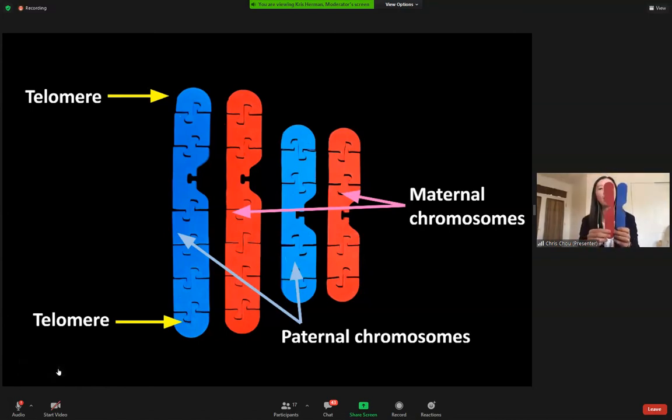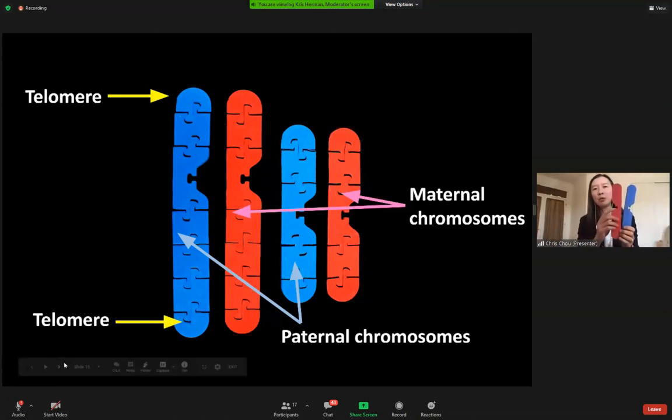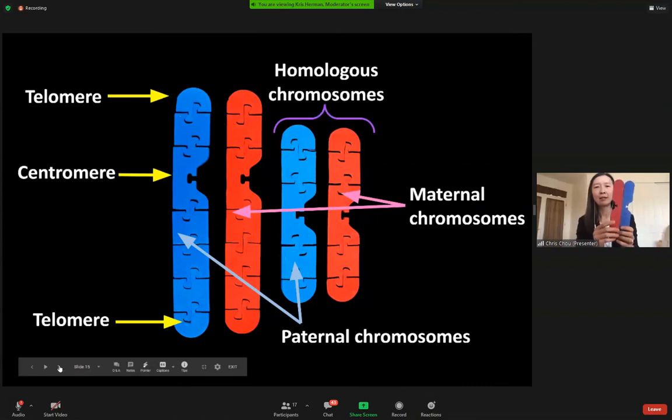You can tell by their length, and also by where their centromere region is. So that next, click on that. The chromosomes that have 2 copies of each type are called homologous chromosomes. They contain a variety of genes on each chromosome, and you'll have that same corresponding gene on the homolog.